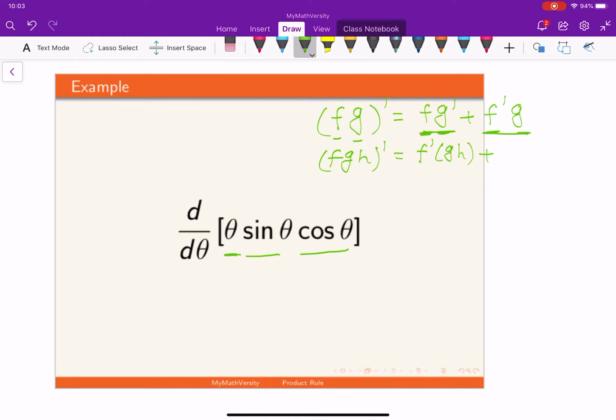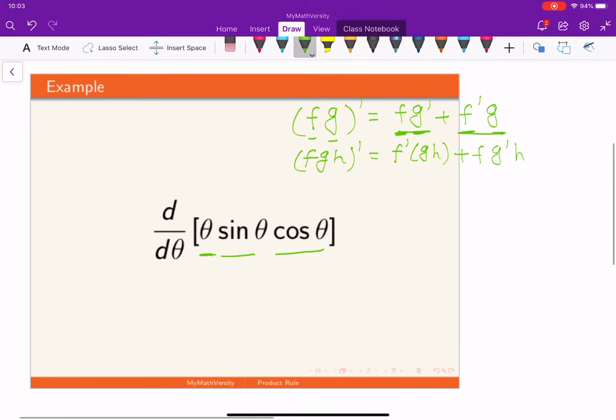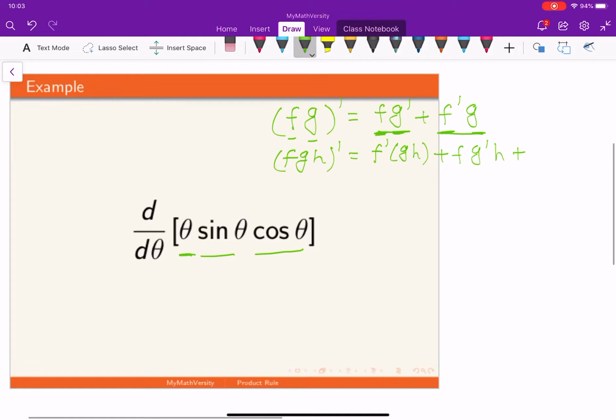So on the first term we find the derivative of f, on the second term the derivative of g and leave the functions f and h as they are, and then we find the derivative of h and leave the functions f and g as they are, and then add these three terms. This is the generalization of the product rule.